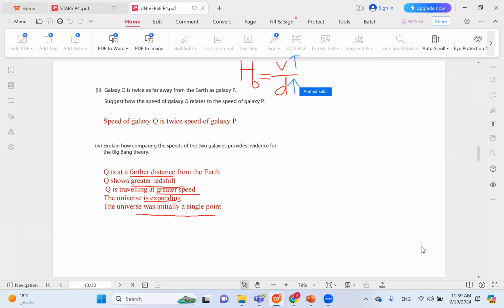Or in other words, the greater the distance, the greater the speed. So since Galaxy Q is twice as far away, the speed of Galaxy Q must be almost twice the speed of Galaxy P. And we're going to discuss in more detail how v and d are related exactly and what calculations we can use in order to figure this out.